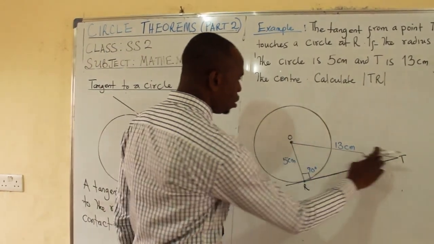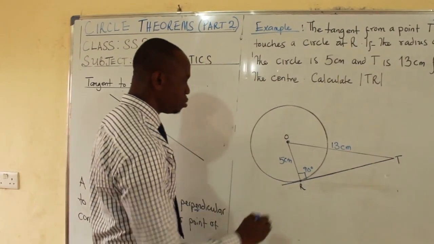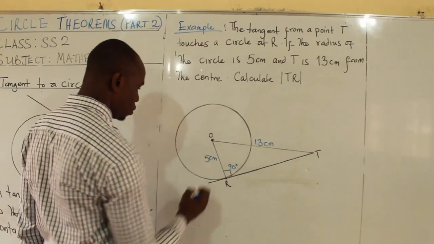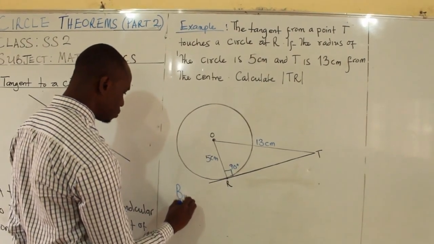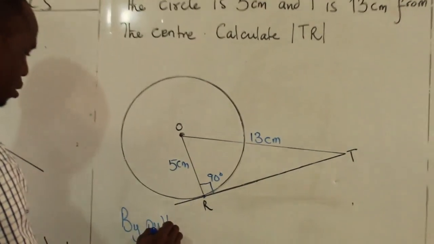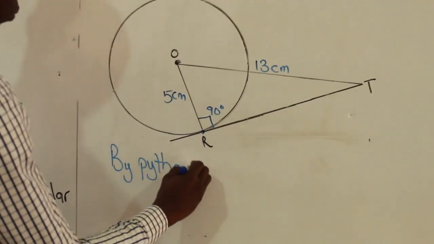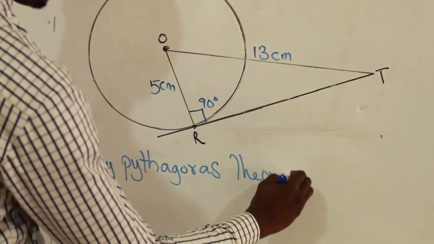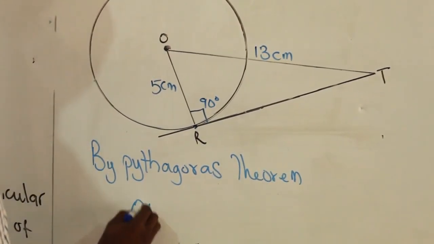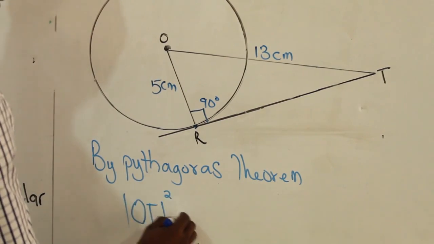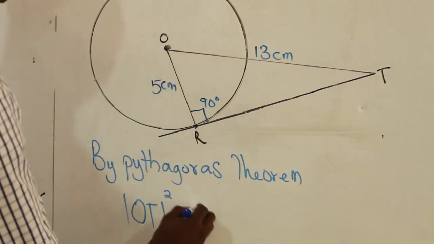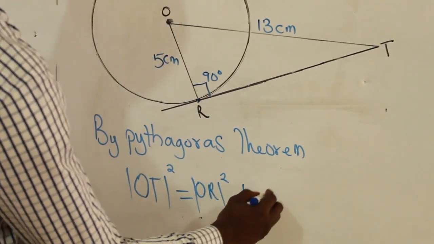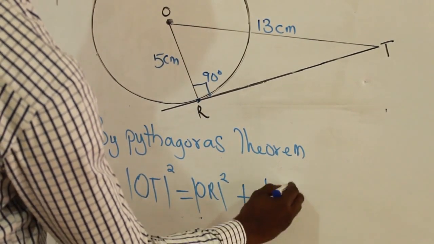So OT here represents the hypotenuse of this right angled triangle. So I will write that by Pythagoras theorem, OT square is equal to OR square plus TR square.